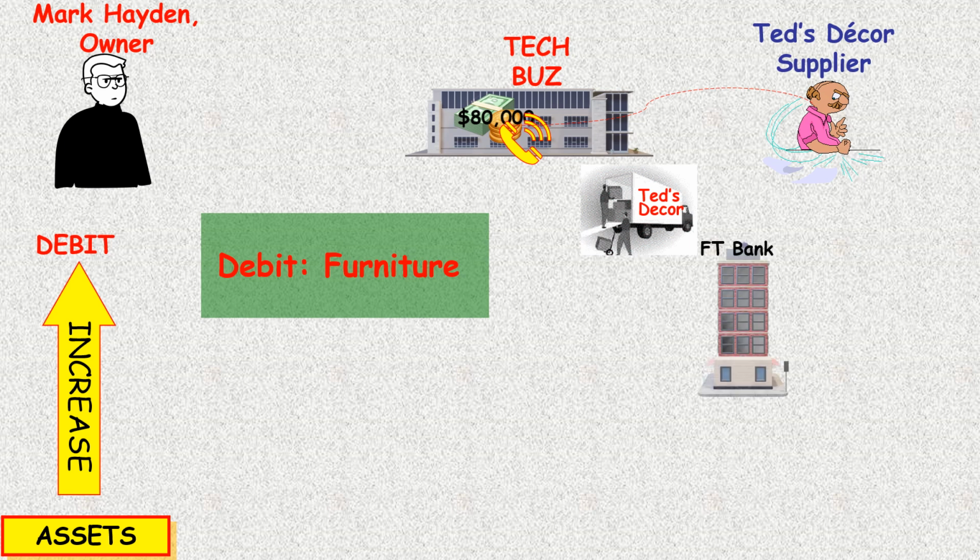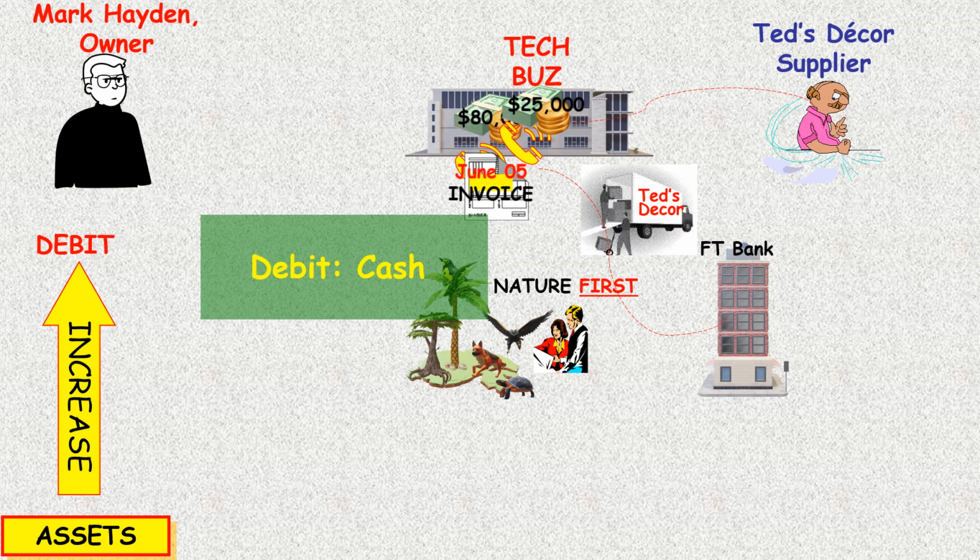Let's look at another example. TechBuzz needs more money, so it calls the bank for a loan, and the bank sends money to TechBuzz. Again, TechBuzz gets cash, which is an asset, and assets increase. We will debit cash here. So that's an example for assets.